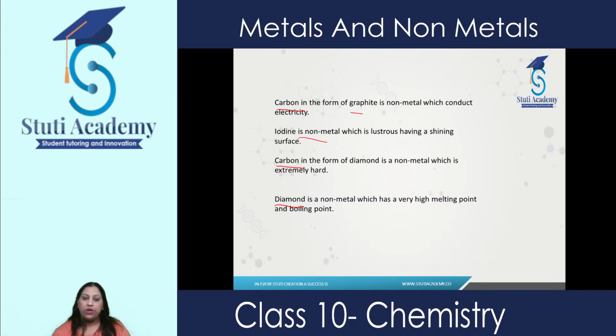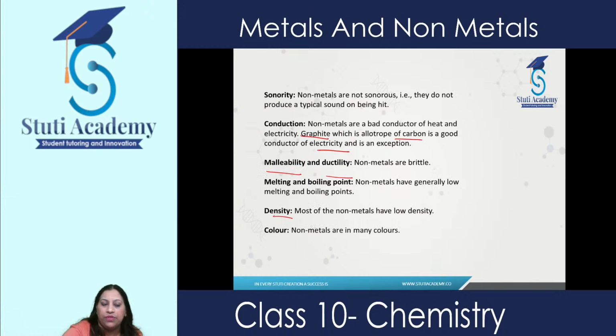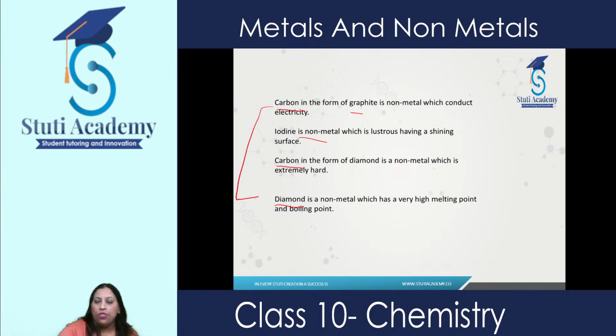So go through each and every topic carefully, and don't forget to learn all the exceptions, because questions can come on these exceptions. Generally, it comes in 1 mark. These are the exceptions which we have done in case of non-metals.